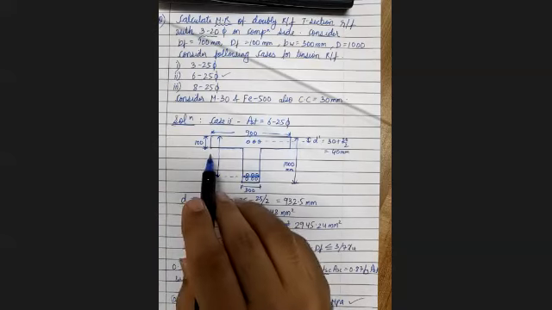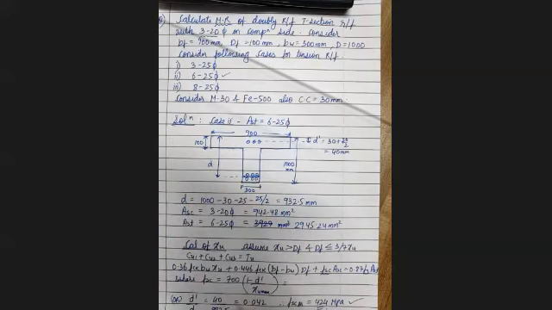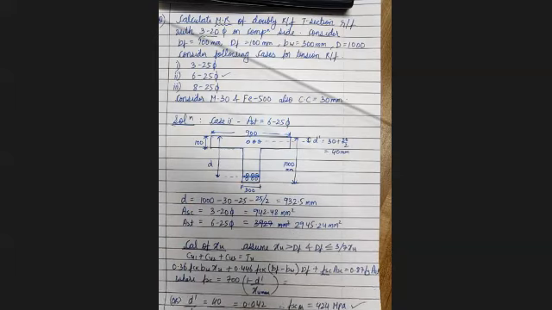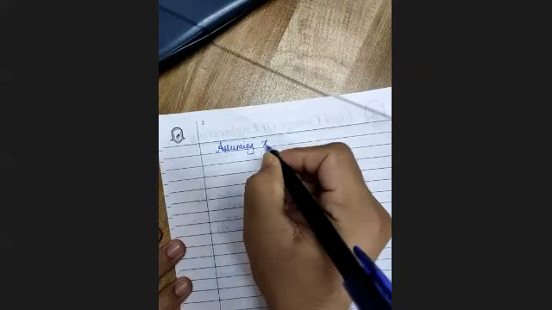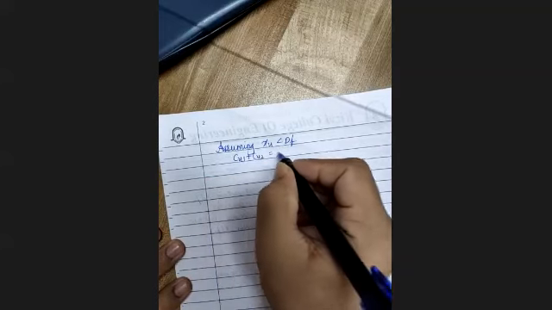Let us go for the next assumption. Since xu is less than df, let us assume xu is less than df. So now this will become Cu1 plus Cu2 equal to Tu.